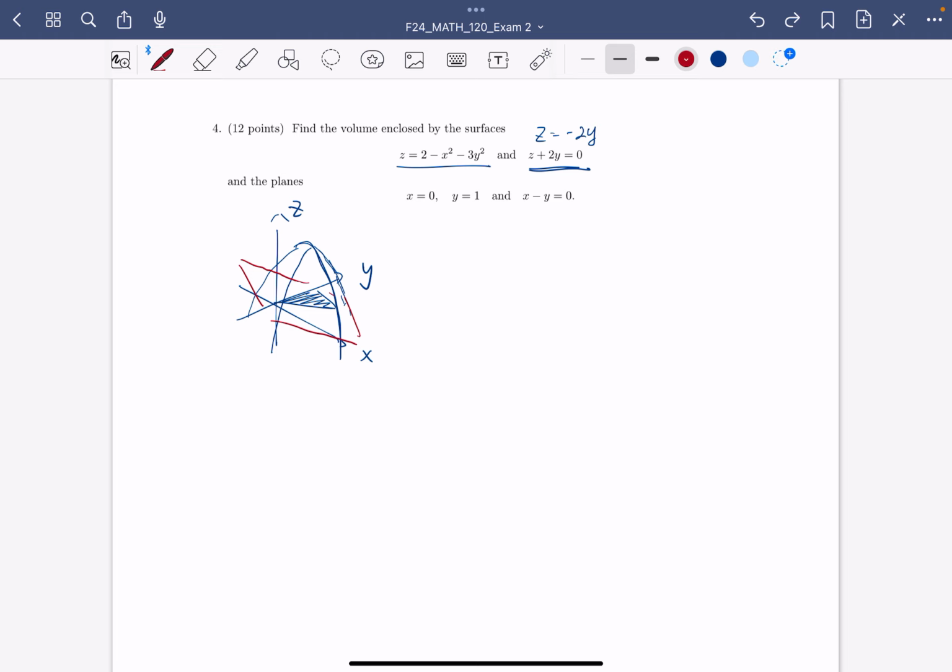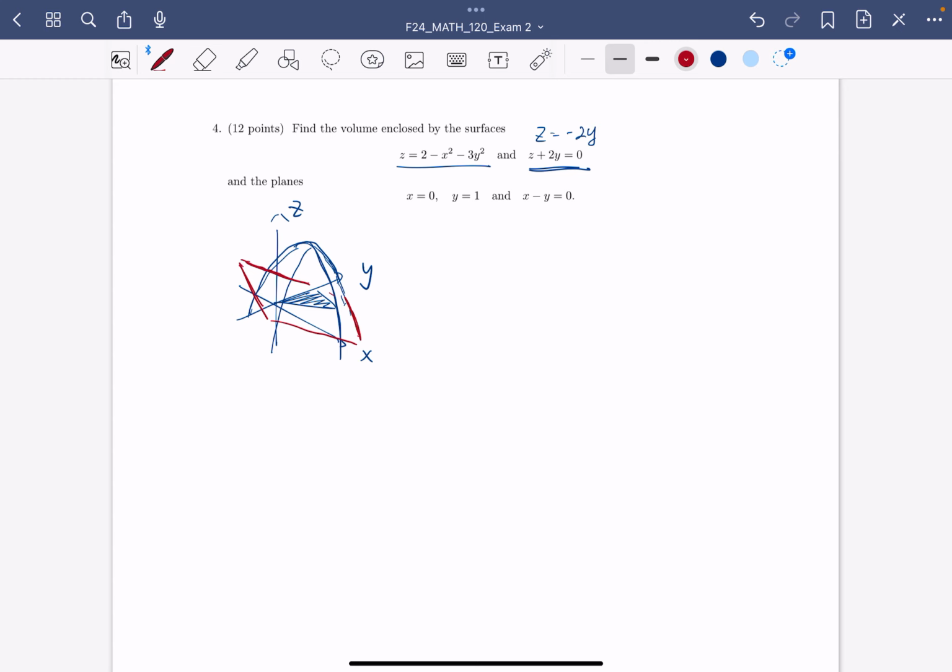I was just trying to say that we're integrating over a region on the xy plane, and then our integrand is the height of this first surface, the paraboloid, minus the height of this lower surface, which is exactly a plane right here.